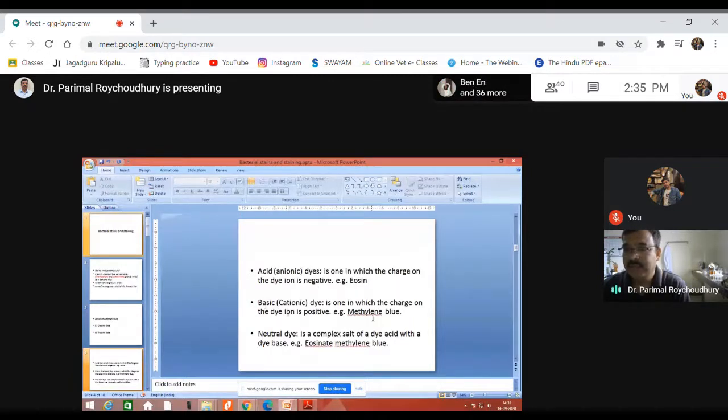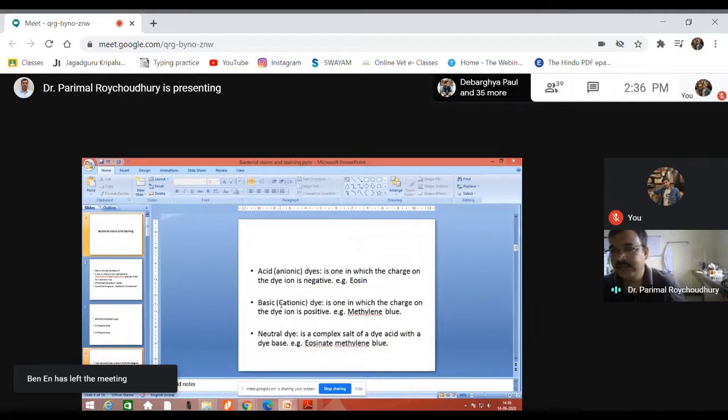Similarly, the basic dye, which is a positively charged compound, can stain the nuclear component or the negatively charged component, and vice versa. Whereas there are some neutral dyes, like eosin methylene blue.